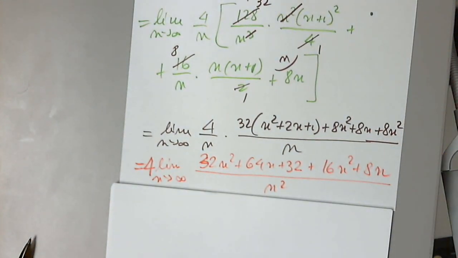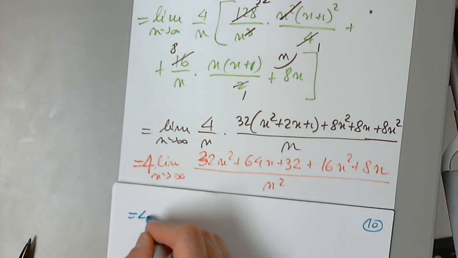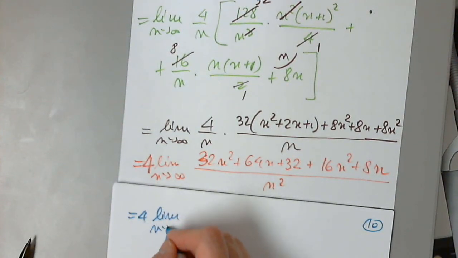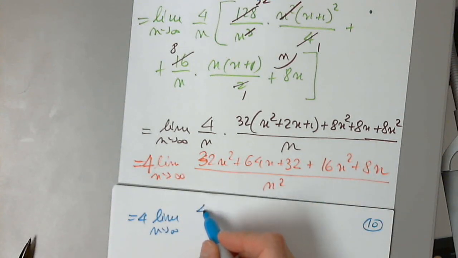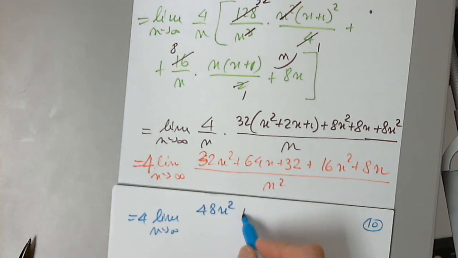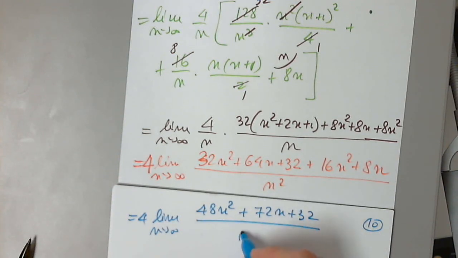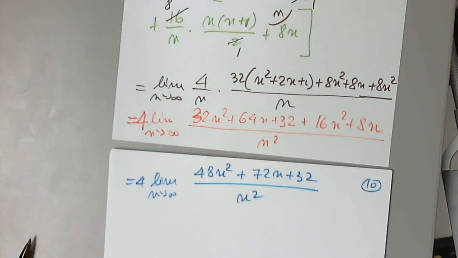So now 4, limit, n approaches infinity. 32 plus 16 is still 48, I think. Plus 72n and plus 32 over n squared. I'm done, unless you say you're not, to use L'Hopital's rule.